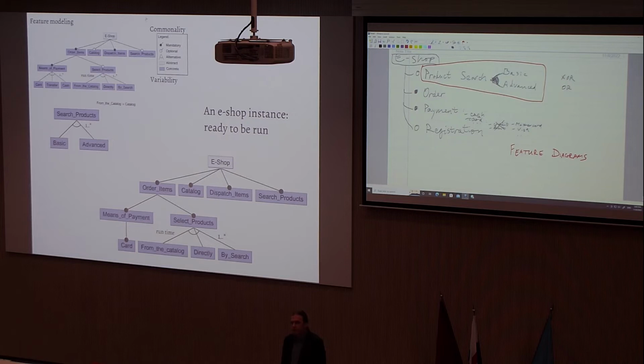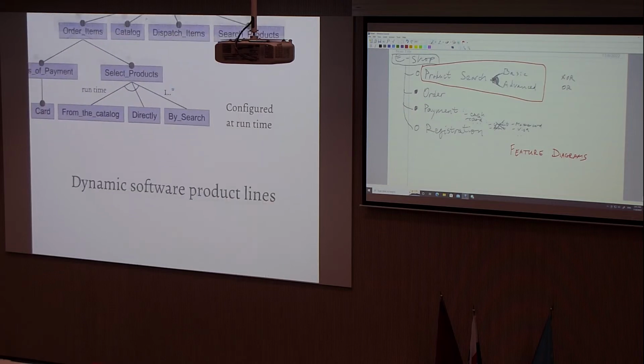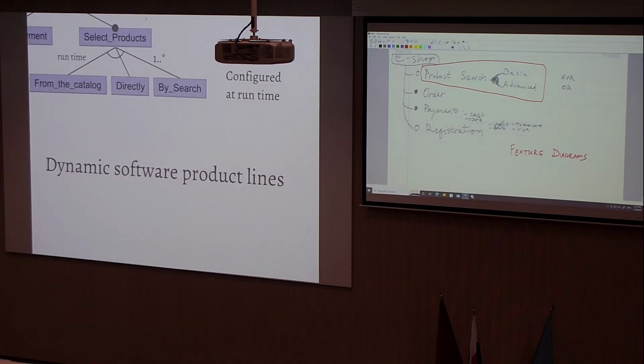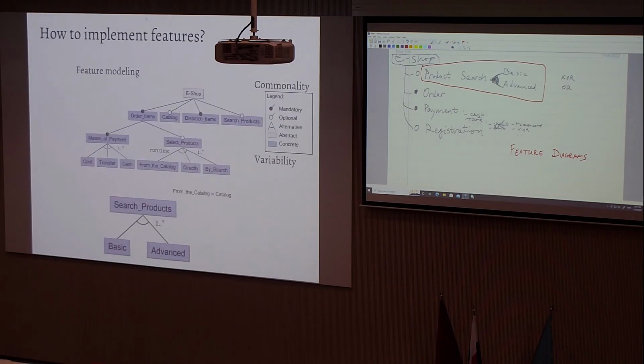When you enter the license code, you unlock additional features, which are already there. Sometimes it's easier to do things like this. So this is the thing that you need: dynamic software product lines, as I mentioned.